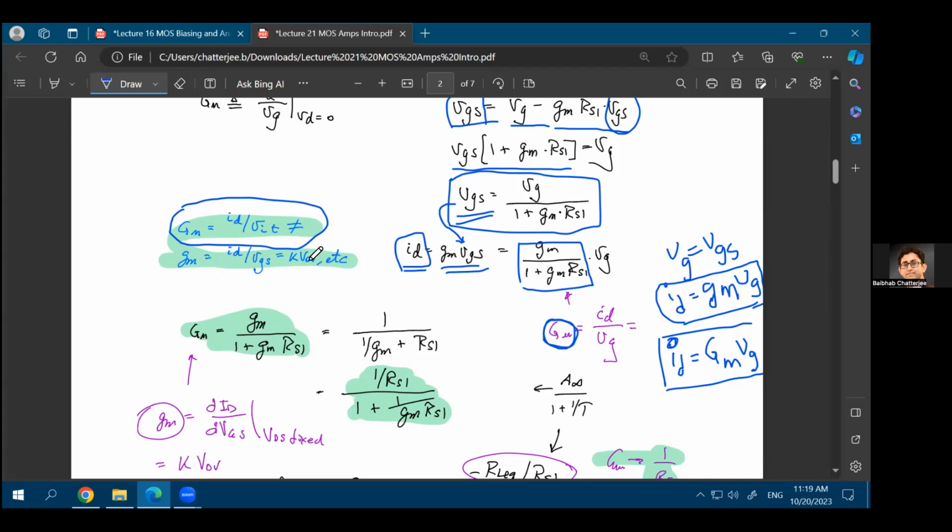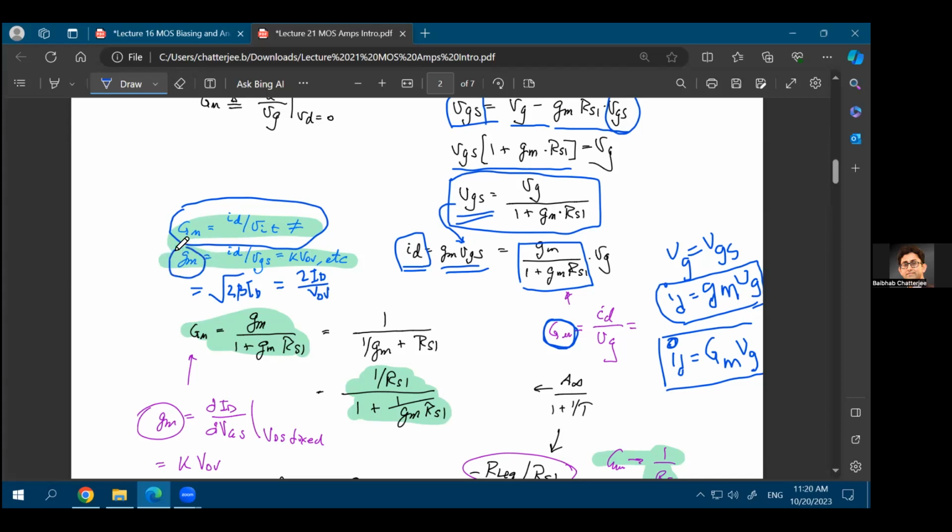And that small gm is equal to K times V of V, equal to the square root of 2 times ID divided by V of V, and then you had those three equations, right? K times V of V. The other form of the equation is the square root of twice beta times ID, and that will be equal to twice ID divided by V of V. So those were the three equations that you had for gm.